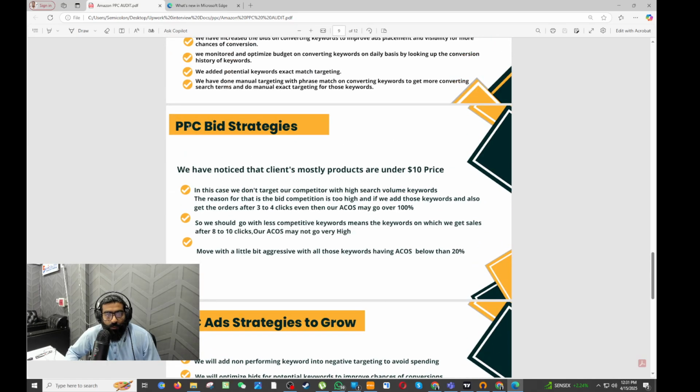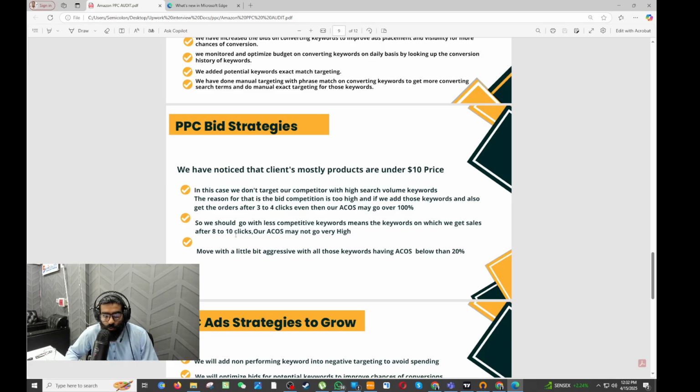And what was the PPC bid strategy? We have noticed that the client's products are mostly under the $10 price bracket. In this case, we don't target our competitors' high search volume keywords. The reason is the bid competition is too high, and even if we add those keywords and get orders after 3-4 clicks, our ACOS may go over 100%.